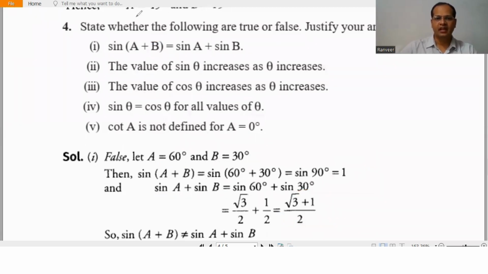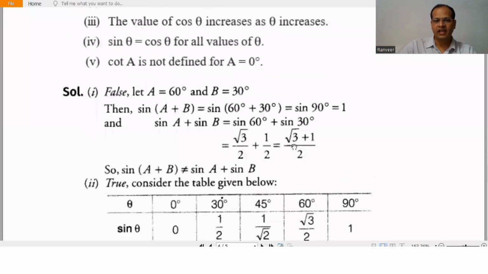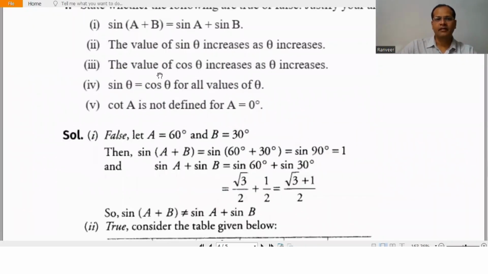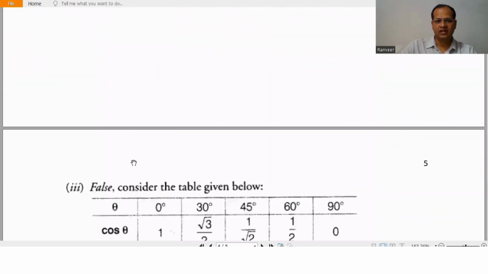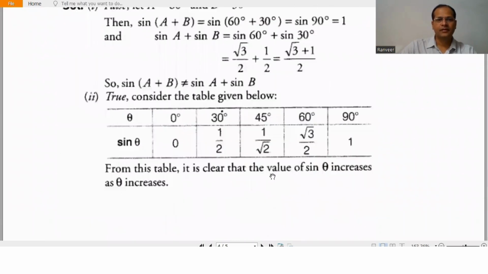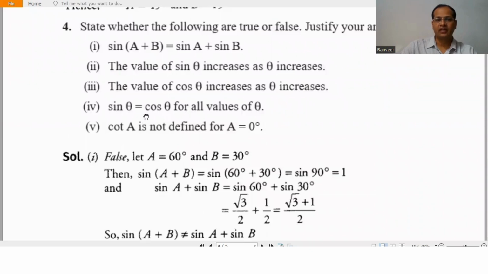The value of sin theta increases as theta increases. Yes, this is true. Third, the value of cos theta increases as theta increases. No, this is false. Third is false. This is decreasing. 1 से लेकर के 0 हो जा रहा है. This is decreasing. Fourth, sin theta equal to cos theta for all values of theta.